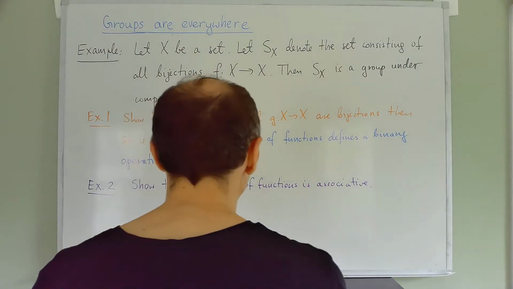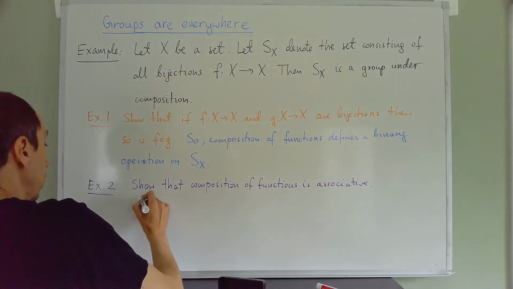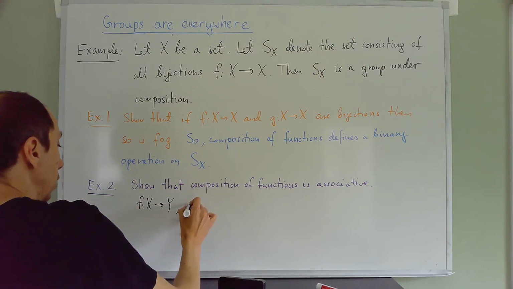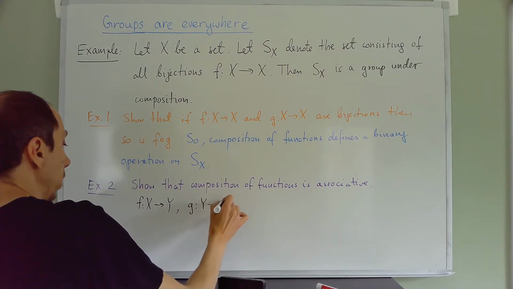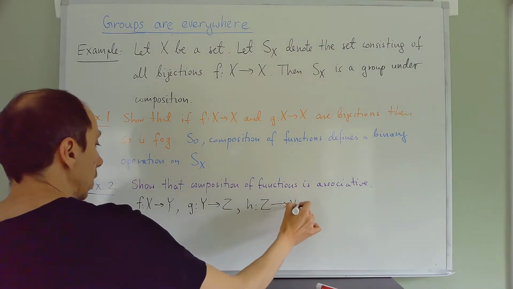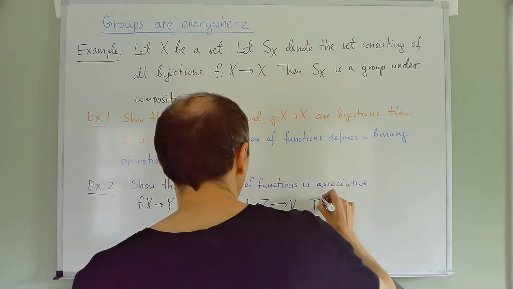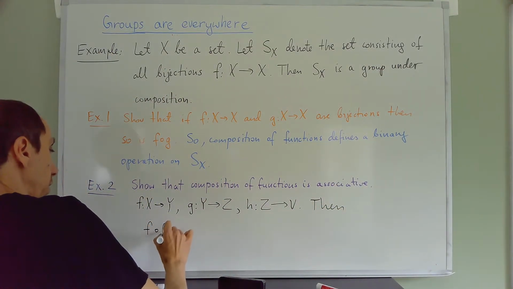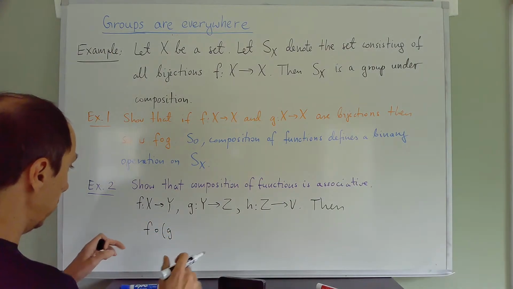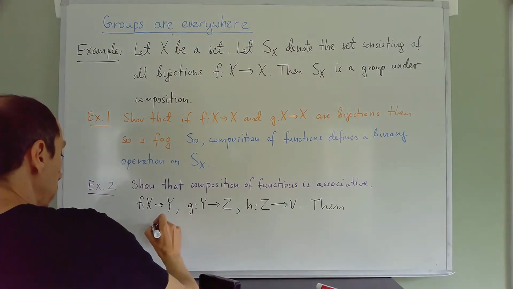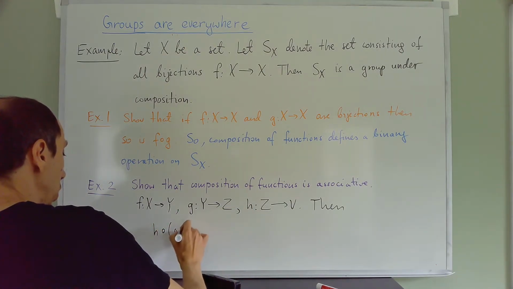If I take any functions, f from X to Y, and g from Y to Z, and then h from Z to V, then I have to be careful, so I have to go from this direction, right? H composed with G composed with F.